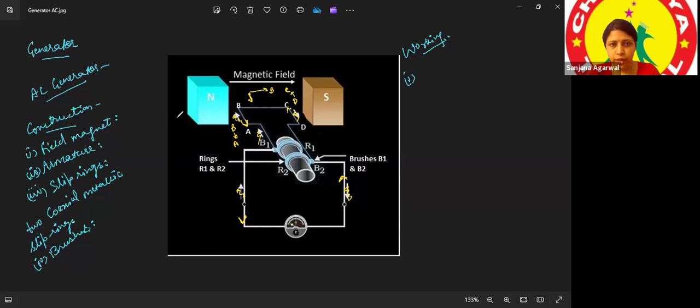In the first half rotation, on the side AB, magnetic field is here, force is downwards, and the direction of current is this, so that it does not get too complicated in the actual diagram and later on when you revise, you remember it easily.